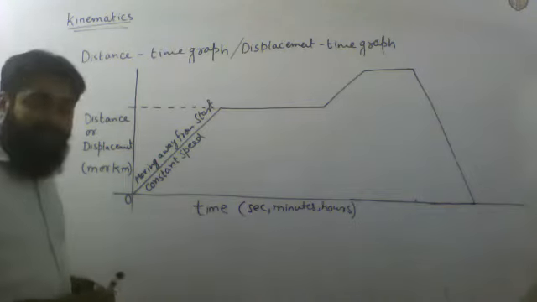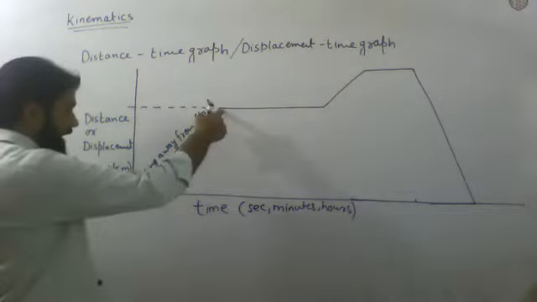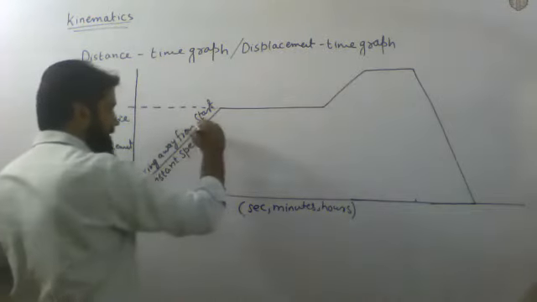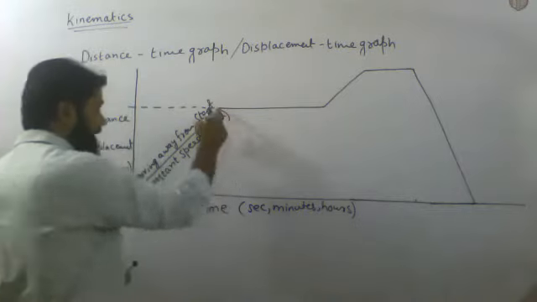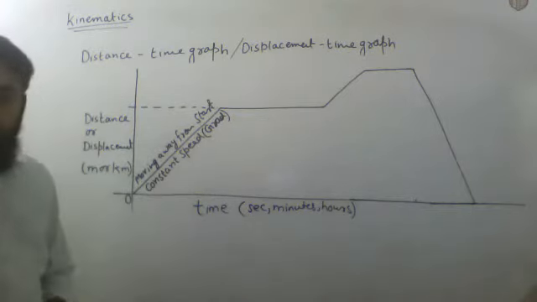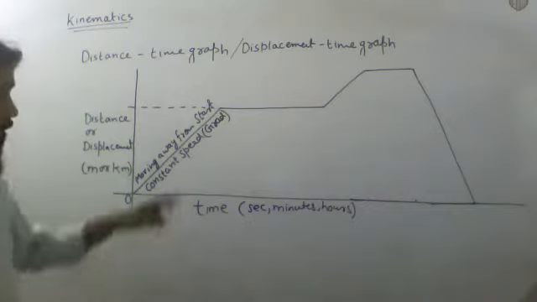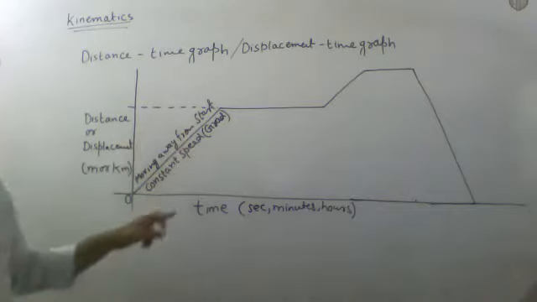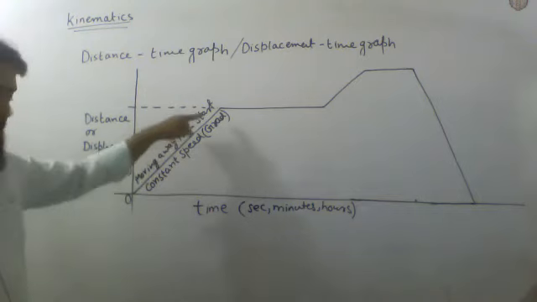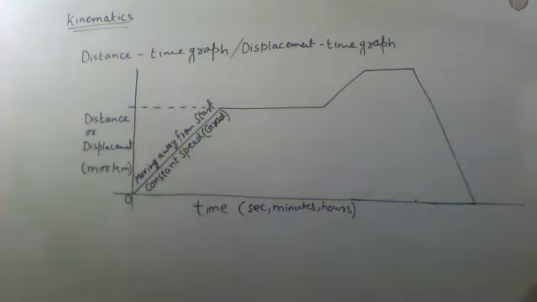And how will you find that speed? If you find the gradient of this line, you will get the constant speed shown by this tilted line.